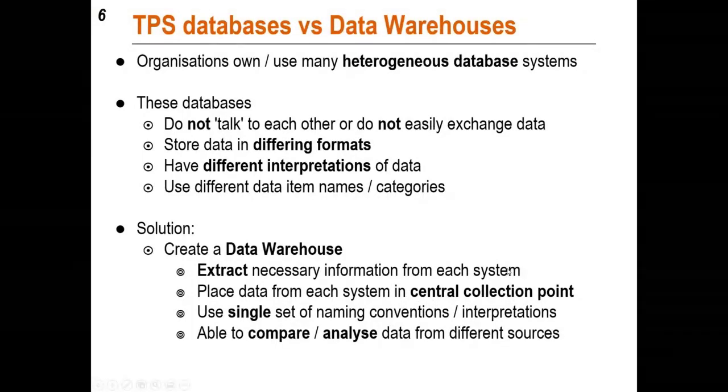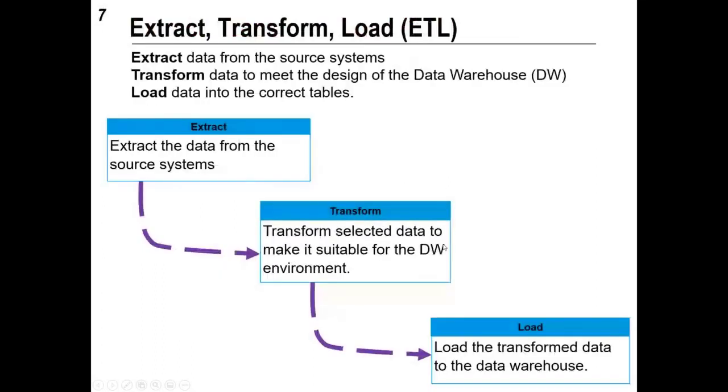So we have a process that we need to go through in order to create the data warehouses. That process we usually call the ETL process. E stands for extract, T stands for transform, and L stands for load.